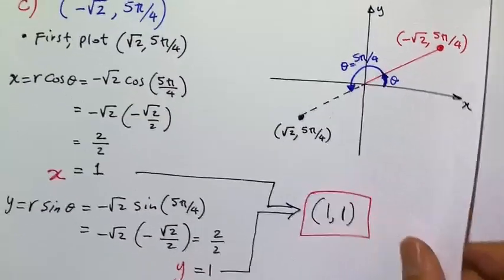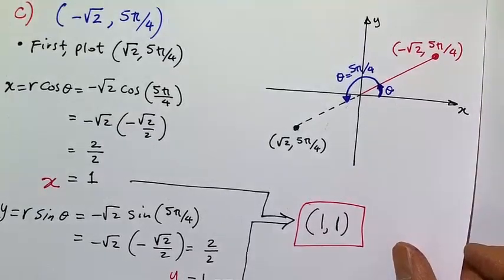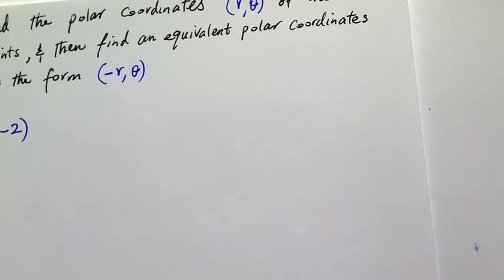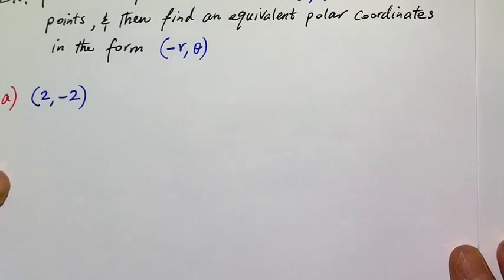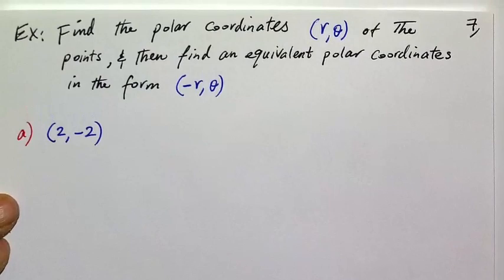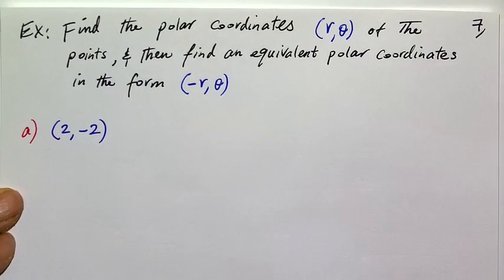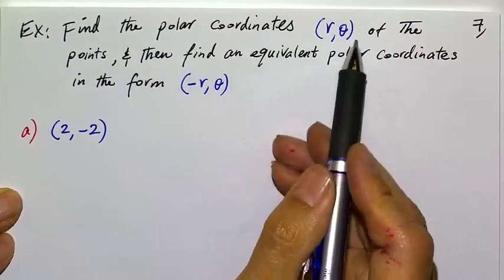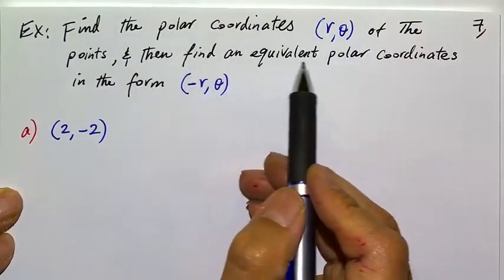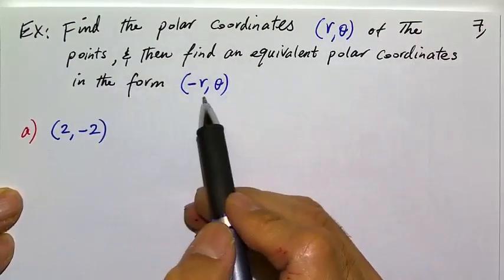All right, so now that we've done a few conversions from polar to Cartesian, we want to go the other way. So given Cartesian coordinates, we want to find the polar coordinates r, theta of the points, then find an equivalent polar coordinates in this form.